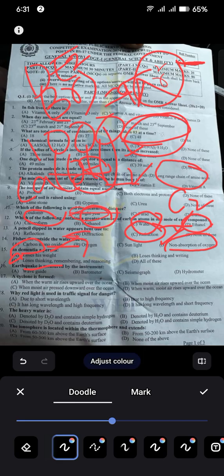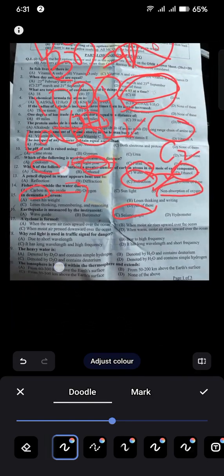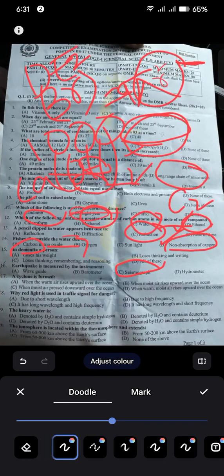So earthquake is measured by the instrument that is the seismograph, as the earthquake is caused by the seismic waves of the earth, so it is measured by the seismograph. Cyclone is formed when warm and moist air rises upward, and as a result the other winds move in different directions and cause the cyclone.